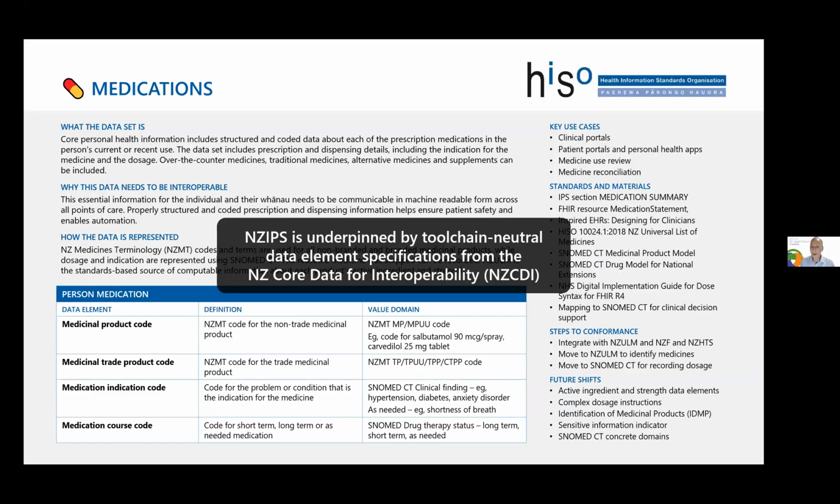Returning to the interoperability roadmap, we plan to follow the excellent example of the all-purposes dataset specification published by the ONC in the US and produce our own New Zealand core data for interoperability.